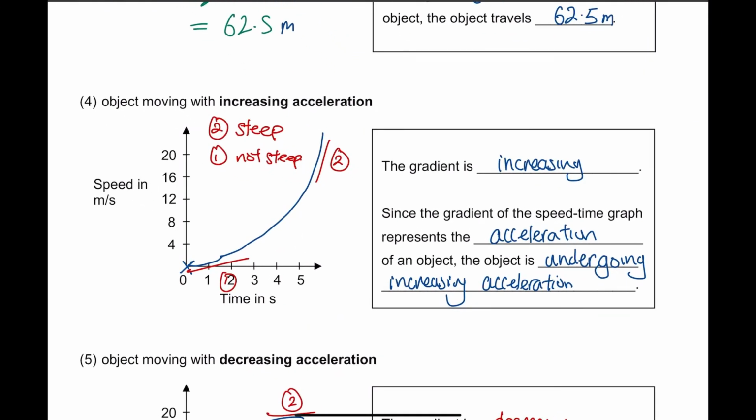If I'm going to move with increasing acceleration, you can see that my speed will just increase but at an increasing rate. So you can see at part 1 down here, it is not very steep. But at part 2 down here, it is much steeper. So the gradient is constantly increasing. And when I know that the gradient of a speed time graph is equal to the acceleration value, it means that the object is increasingly accelerating. So it gets faster and faster and faster.